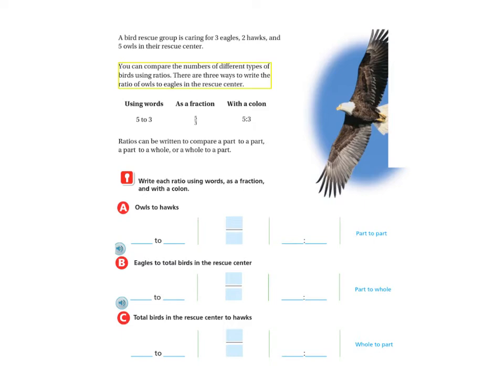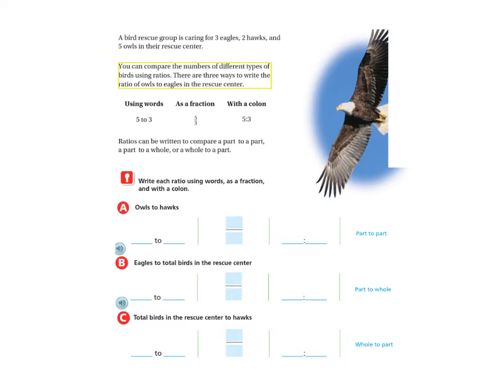So, let's go back to the problem. A bird rescue group is caring for 3 eagles, 2 hawks, and 5 owls in their rescue center. And then here it talks about 3 ways to write ratios. Ratios can be written to compare a part to a part, a part to a whole, or a whole to a part. So, what that means is if we're looking at the things that we have, eagles, hawks, and owls, all of these are birds.